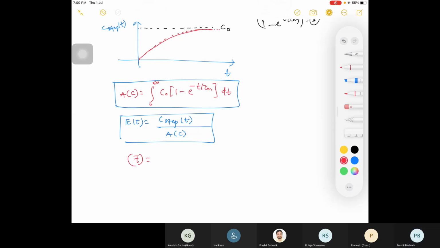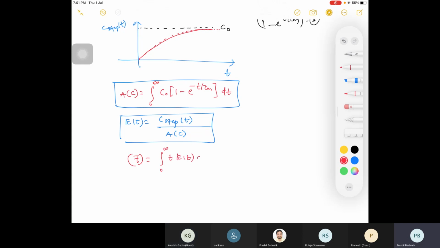Now you need to find out t mean. For t mean, you will have the formula integration 0 to infinity of t into E of t dt.